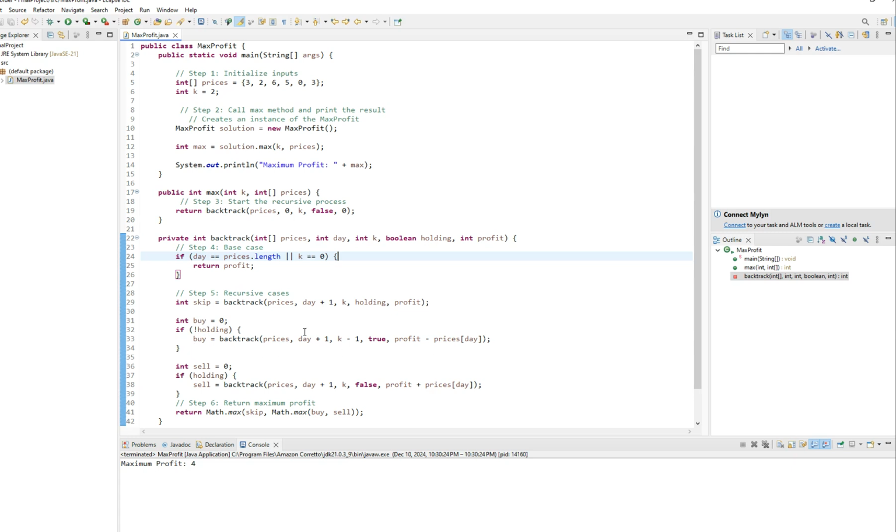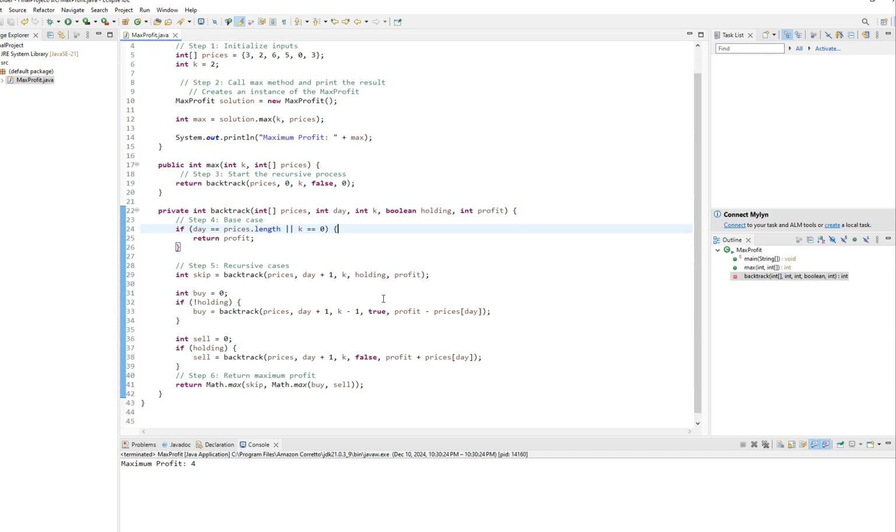So we do the backtrack recursively: prices, day plus one, and we deduct one from transactions because we have a limit of transactions too, and we are holding here because we are buying. After buying, we deduct the price of that day from the profit.